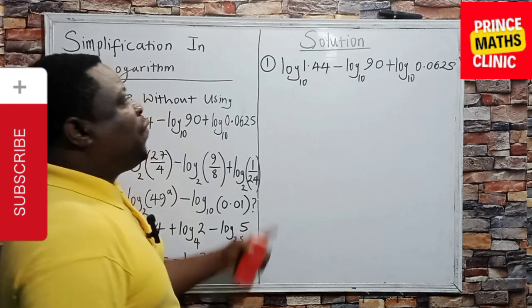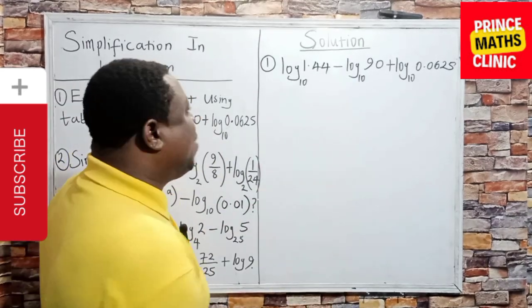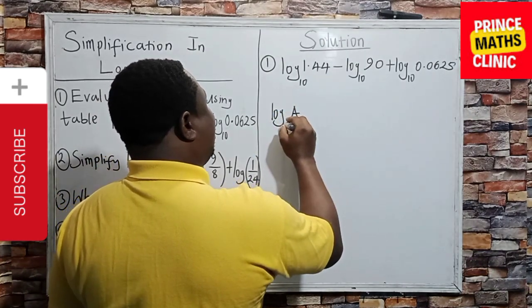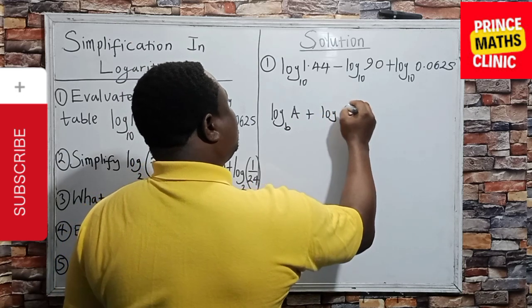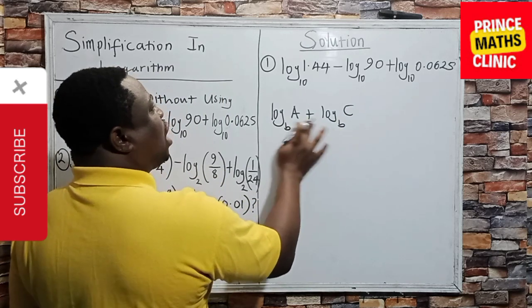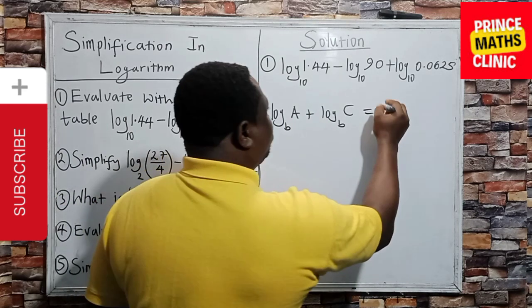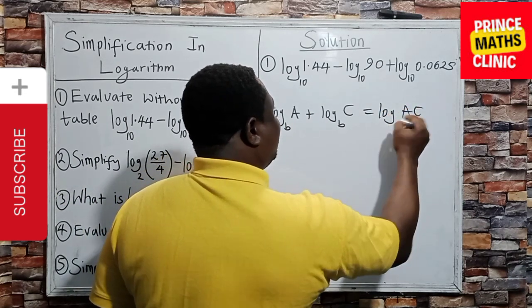So the first thing to do is apply the laws of logarithm. We remember that when you have log a base b plus log c base b, as long as the bases are the same, we can multiply these two logs together, and it becomes log ac base b.